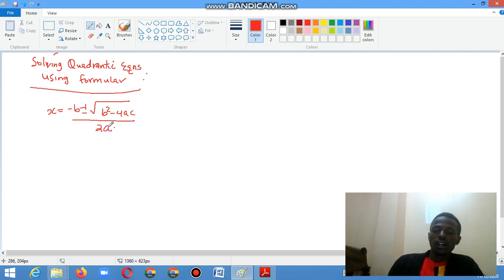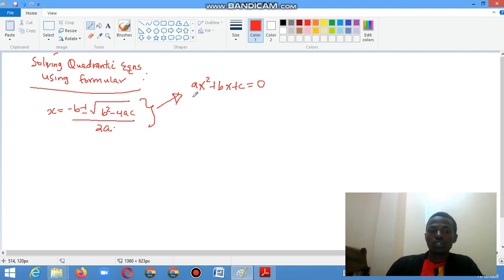With time I want to show you how they derive this formula. And of course this formula is derived from the general expression for quadratic equations. This is where they derive it from, and they use the method of completing squares.